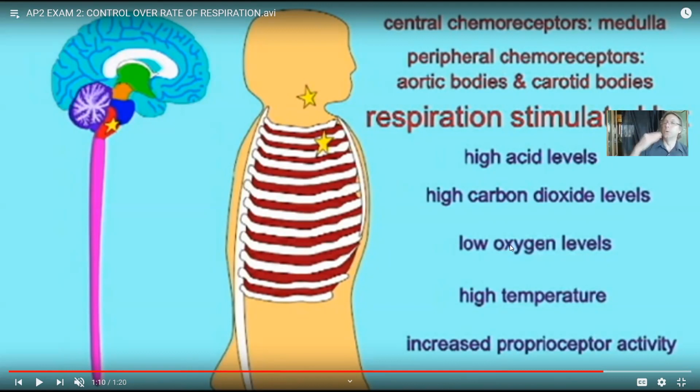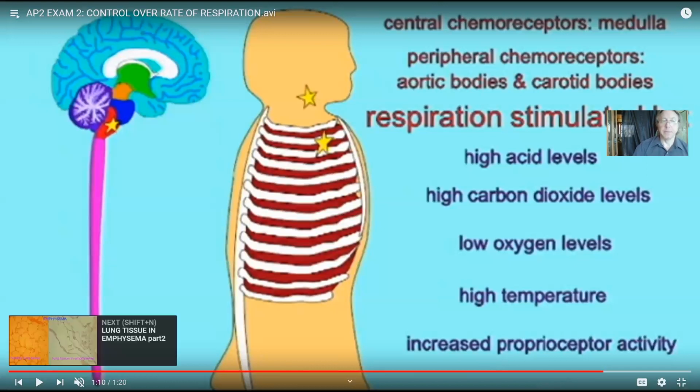All right, I would lower my respiration. I also lower my respiration when I'm colder and when I'm not moving as much. All right. So in addition to the voluntary control, where I can hold my breath or breathe voluntarily, my involuntary centers are also changing my respiratory rate to meet my body's needs.